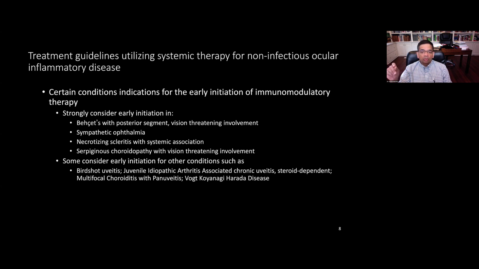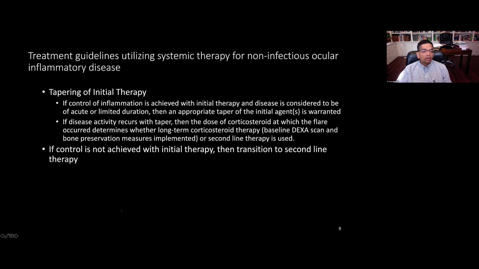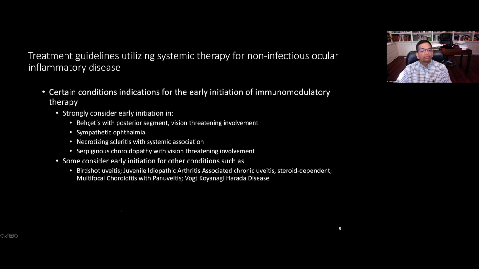In some cases, we may want to initiate early immunomodulatory therapy. There are other things like birdshot uveitis, juvenile idiopathic arthritis with chronic uveitis that's steroid dependent, multifocal choroiditis and panuveitis, and Vogt-Koyanagi-Harada disease. These are also other conditions where we may consider early initiation of immunosuppression.